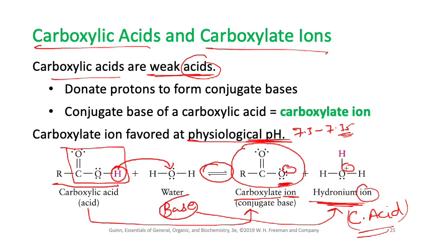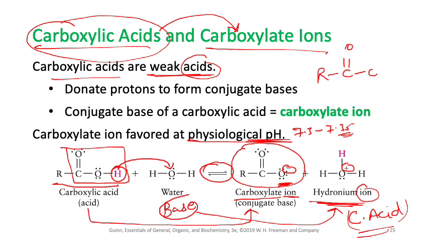So you will always see the carboxylic acid in the form of a carboxylate ion in a cell, if any reaction is going on, because the physiological pH is 7.3 in a cell. So don't get confused if you see carboxylate ion instead of carboxylic acid. From now on, if you see a structure like this, this is a carboxylate ion, which comes from the carboxylic acid.